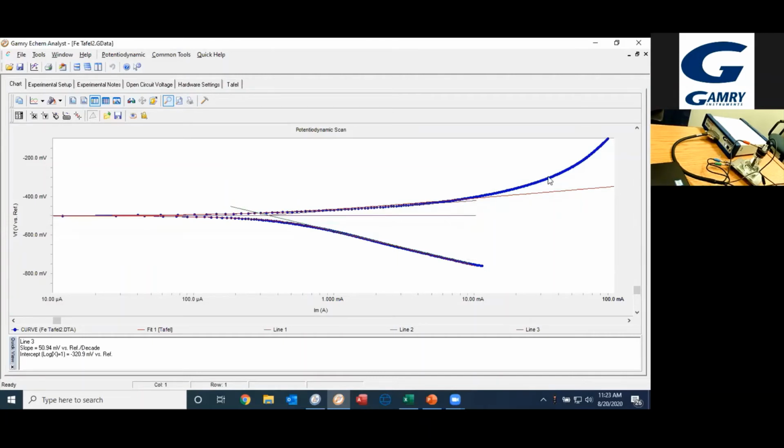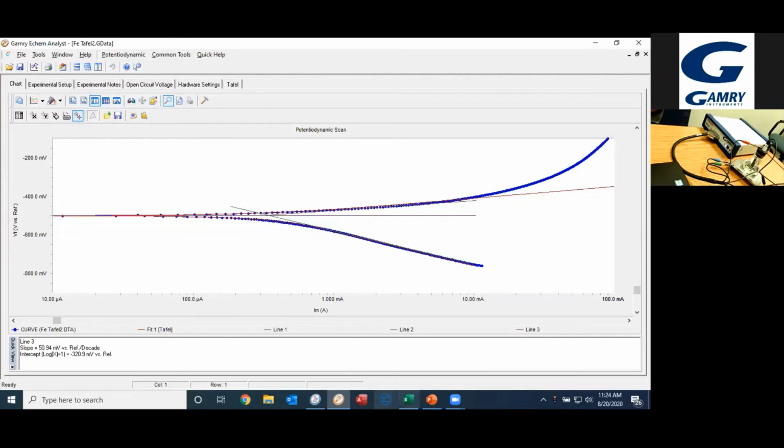It's fine. The point I wanted to make is that if you try to find the linear region here in the anodic branch, it's difficult. I could have maybe thought this was the linear region, or somewhere over here, and the slope of that line, which is what we're looking for, the slope of those lines I drew are the Tafel constants, it would be off.